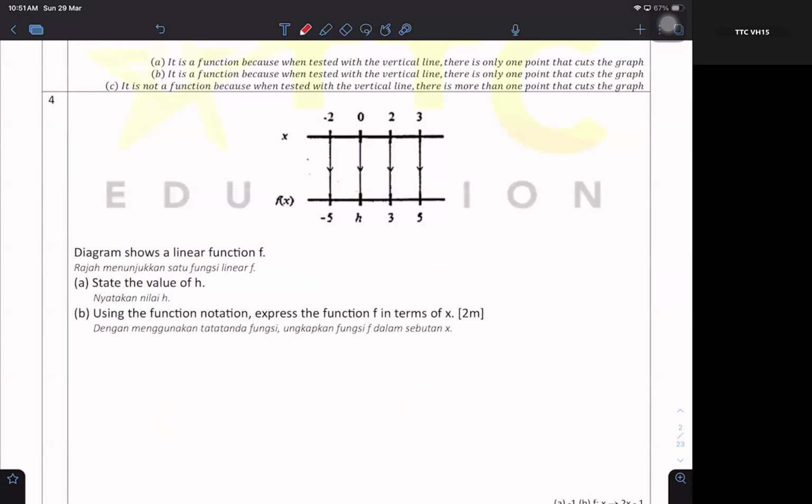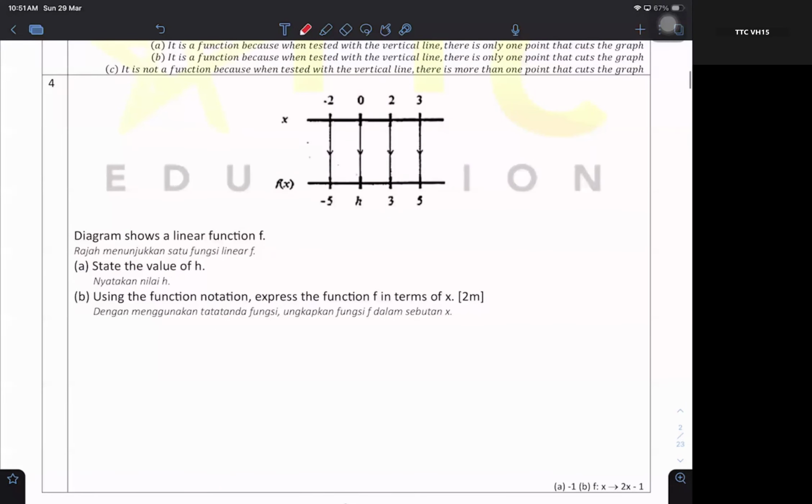State the value of h. Let's look at number 4. Now, this one is a bit challenging. You want to find the value of h.